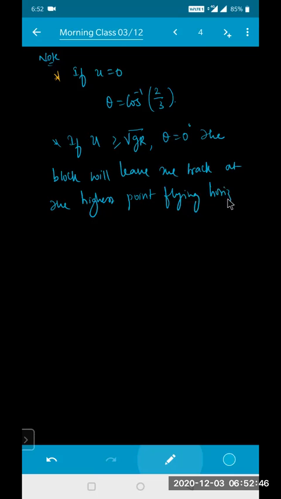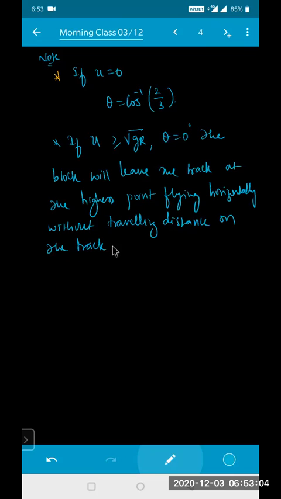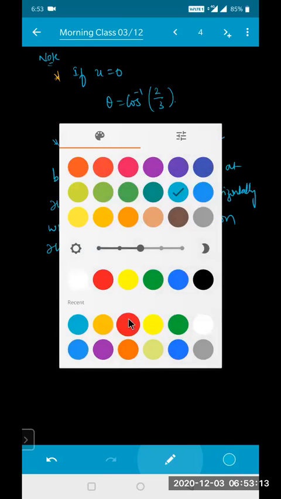Flying horizontally without traveling distance on the track. Isn't it? So I hope you got a rough idea of how to do such types of questions. That is about your vertical circular motion part.